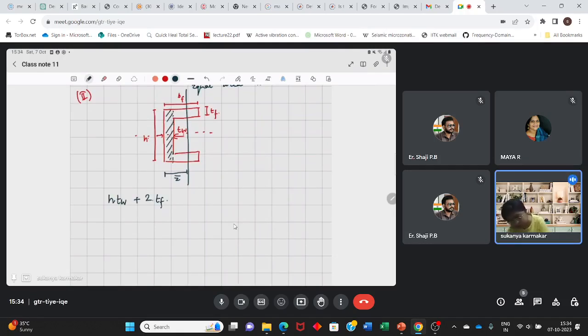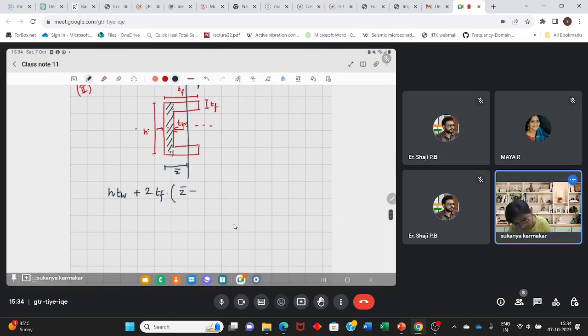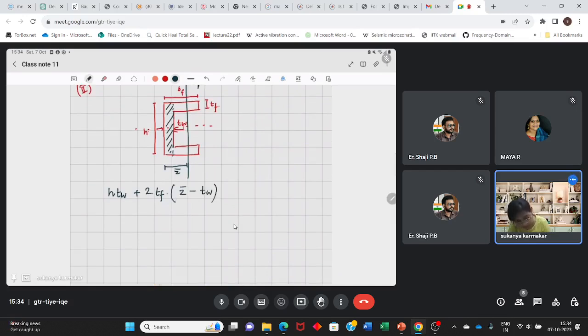Now, these two rectangles, how much is the width? It will be z bar minus tw. This is done. Now the area on the right-hand side means this area and this area. It will be 2 times, because there are two rectangles, into df minus z bar into df.